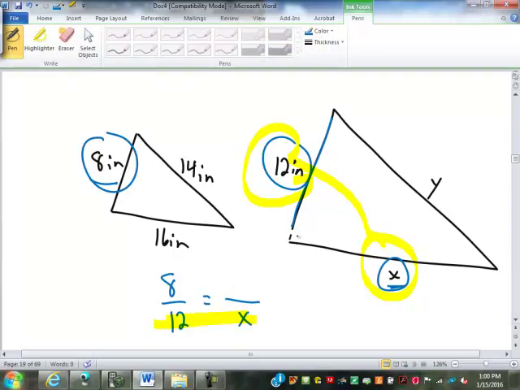What goes above it? 16. Why does the 16 go above it? Because it's the side before the enlargement, the same side of the other triangle. So 12 times 16 divided by 8 is going to give us 24. That is 24 inches. Very good.